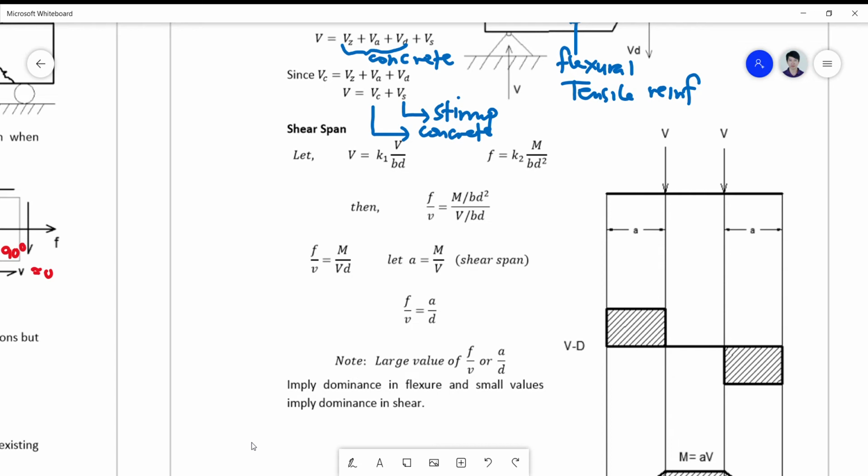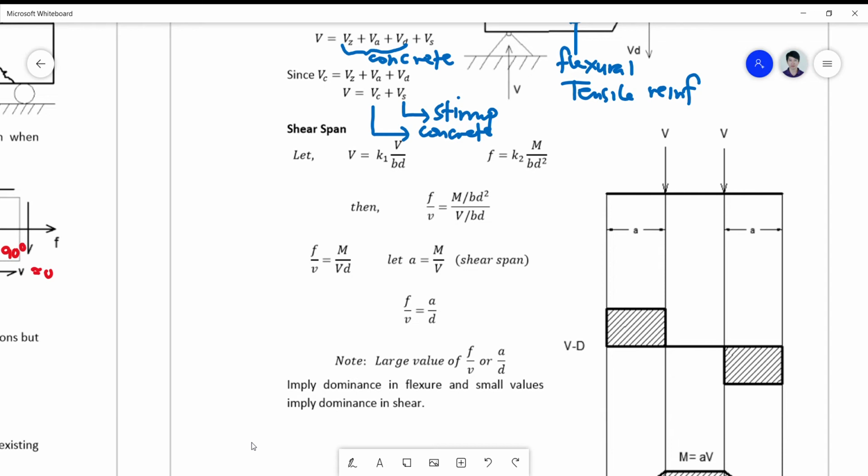A shear span is a variable that is used to categorize, or to characterize, your beam as to its dominance in shear or flexure.